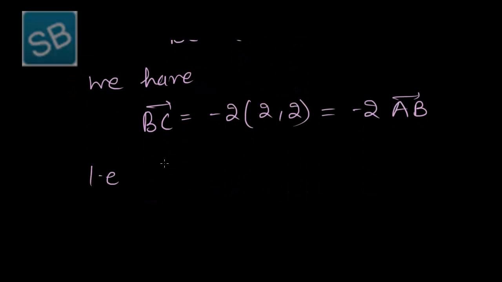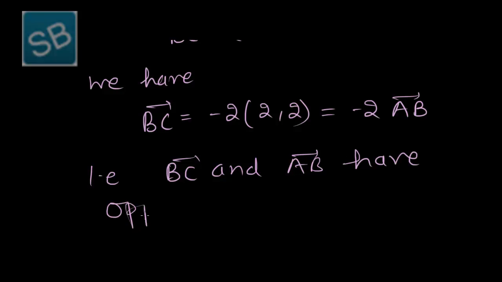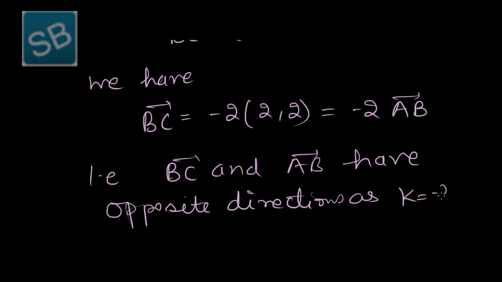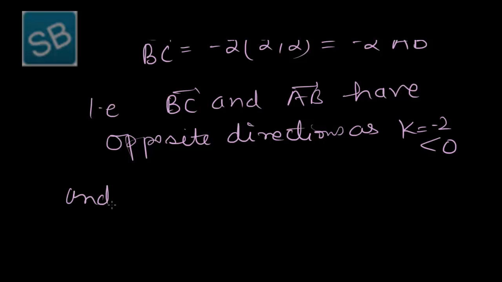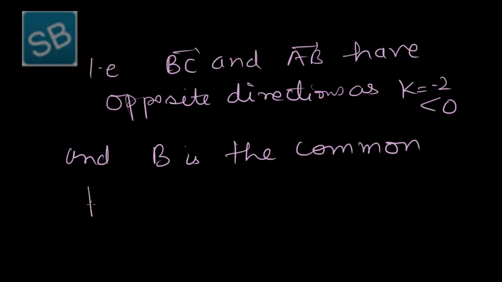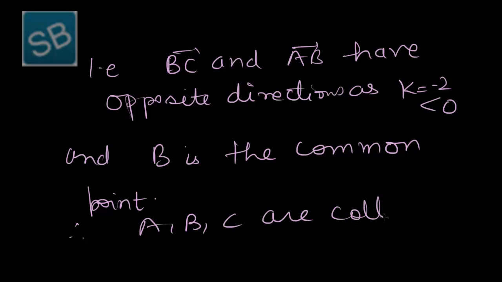That is, BC and AB have opposite direction, as k is equal to minus 2, which is less than 0, and B is the common point. Therefore, A, B, C points are collinear.